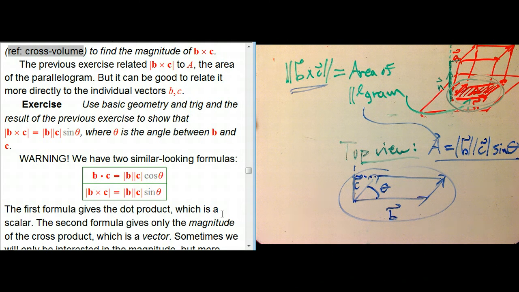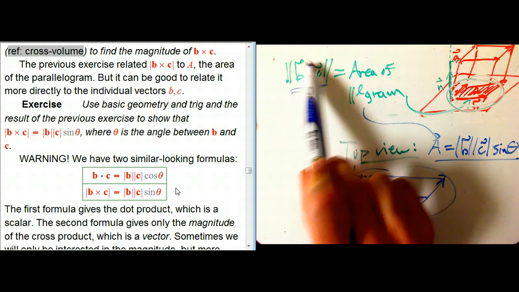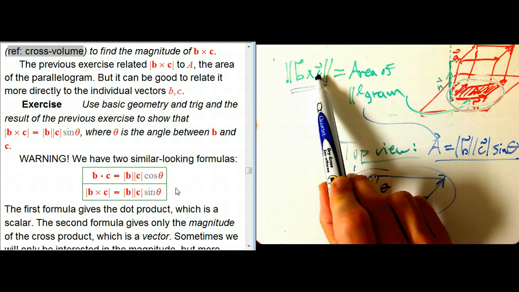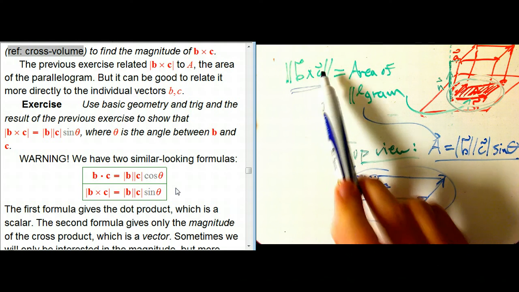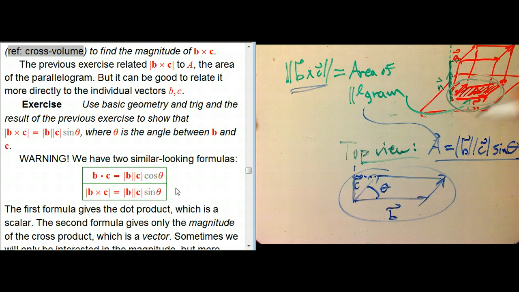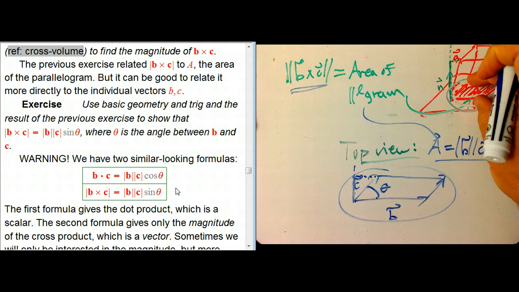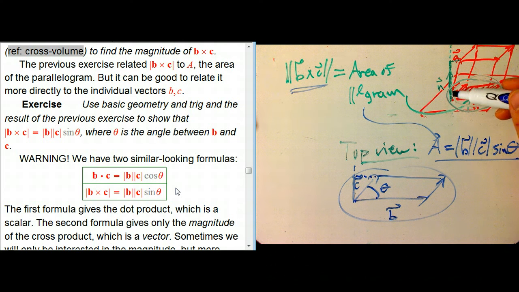In a minute I'm going to stop, but let me note something right at the bottom, this warning here. B cross C is a vector. It's got all kinds of interesting uses as a vector, and its direction is quite interesting. In three-dimensional space, no matter how B and C are oriented, the cross product is going off perpendicular to that, and so it has very interesting direction information.